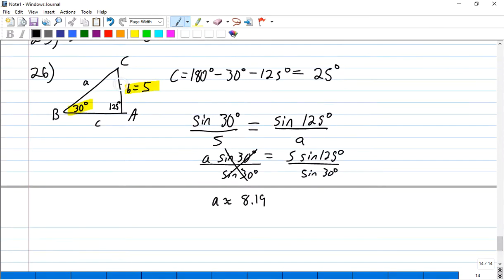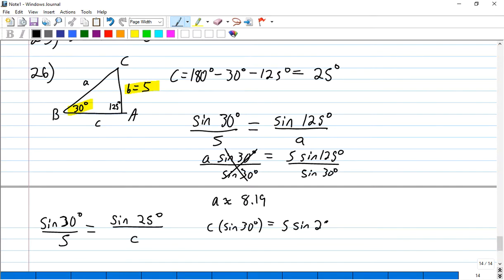Now I can solve for side C. I'll start off with the same proportion. Sine of 30 degrees over 5 equals, now I'm going to solve for side C, knowing that angle C is 25 degrees, so that's a sine of 25 degrees over C. Cross multiply, set those equal. C times the sine of 30 degrees equals 5 times the sine of 25 degrees.